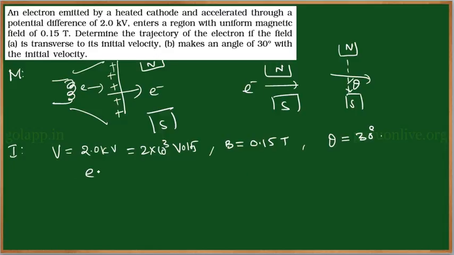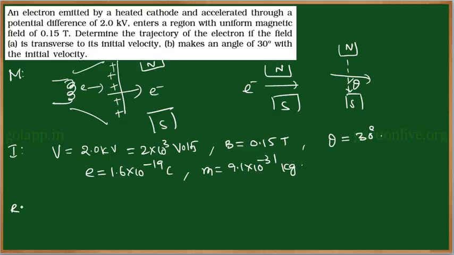And we know the charge of electron e is equal to 1.6 into 10 to the power of minus 19 coulomb, and the mass m is equal to 9.1 into 10 to the power of minus 31 kg.